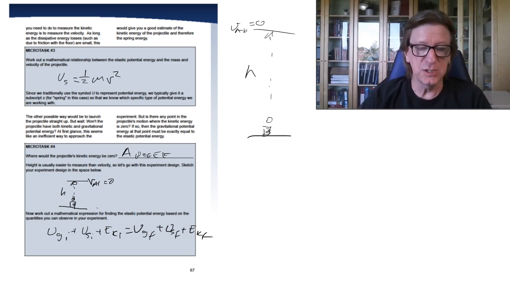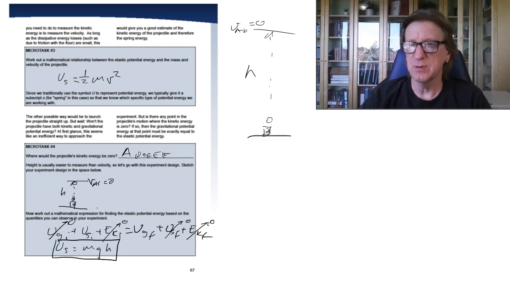Well, initially, I didn't have any gravitational potential energy, and my projectile was stationary. Once I get to apogee, I don't have any more kinetic energy, and my spring is fully discharged, so that's gone. So all I'm left with is that US is equal to UGF, which is MGH, as we found last time. So there's my mathematical relationship in terms of this.